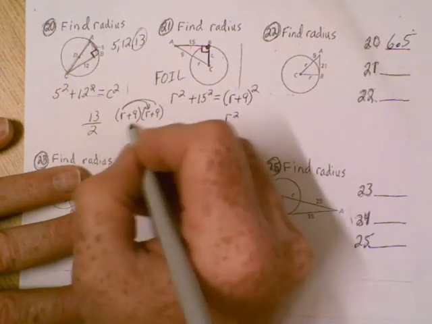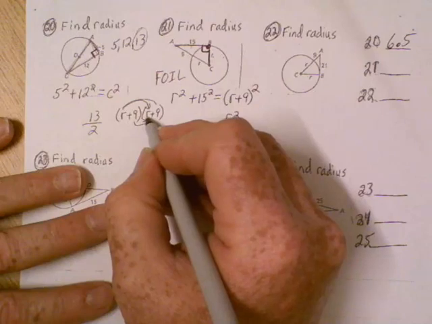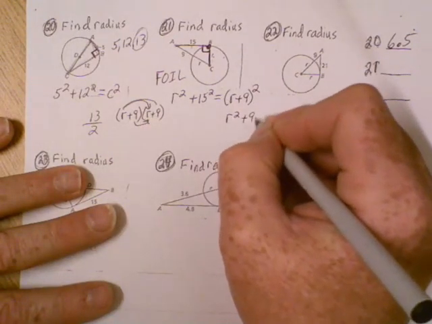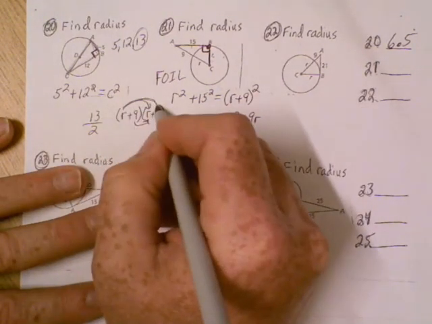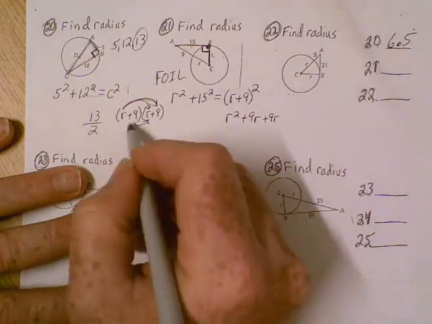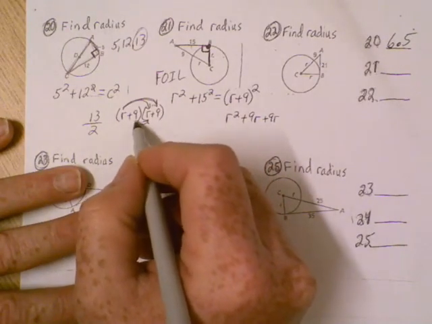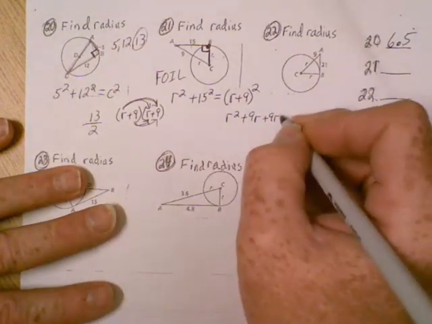So that was the first. Then the inner is this: 9 times r is 9r. Outer would be r times 9, which is another 9r. Then the last would be 9 times 9, which is 81.